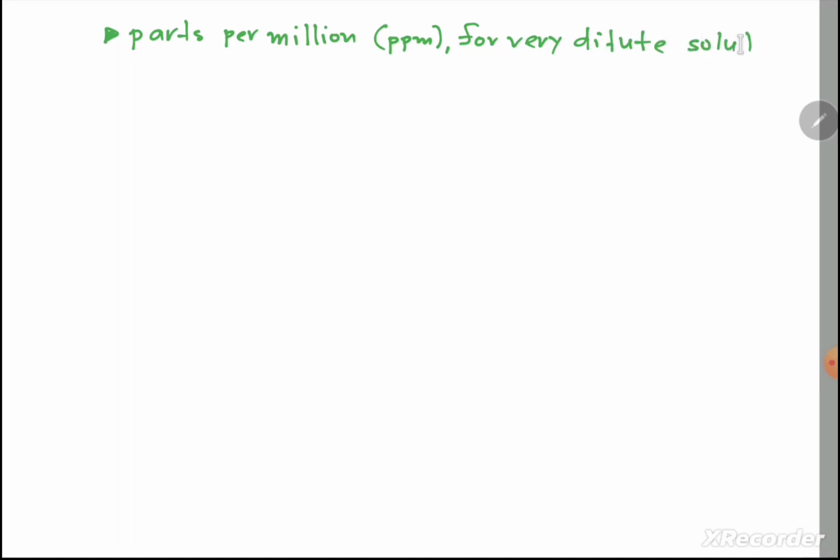Also we have parts per million for very dilute solutions.